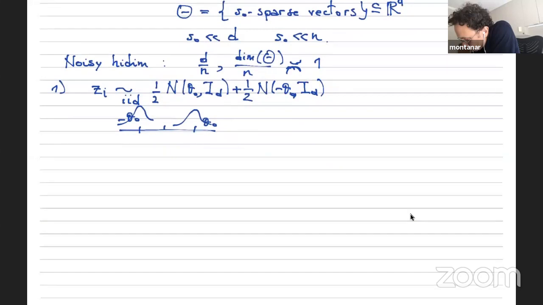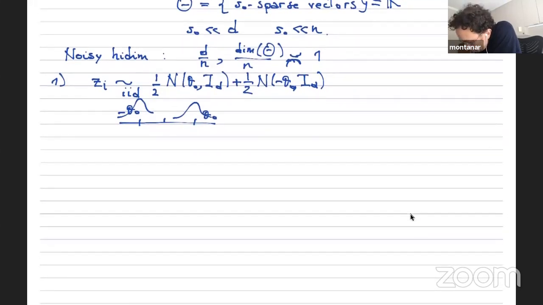Example number 2. Sparse regression. The example that I gave before is a mixture of Gaussians; this is sparse regression.